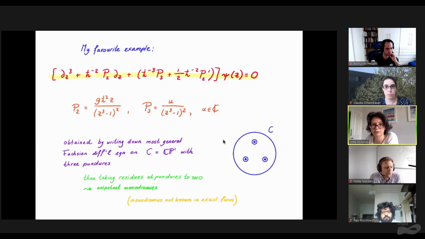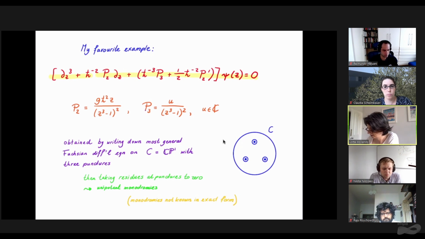It's determined in terms of two functions, P2 and P3, where P2 is just a function of C and h bar, and P3 is proportional to a complex parameter u. And you might obtain this differential equation by writing down the most general Fuchsian differential equation on the 3-punctured sphere. So that means it has regular punctures.